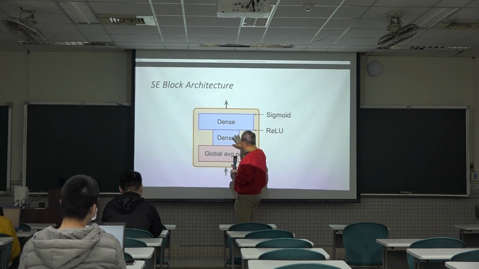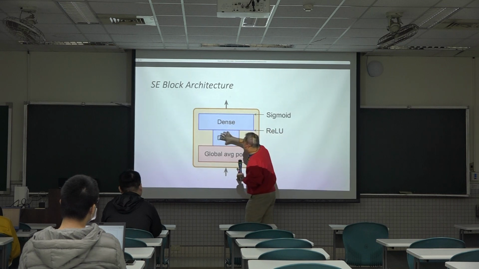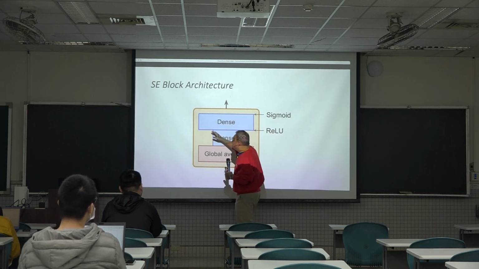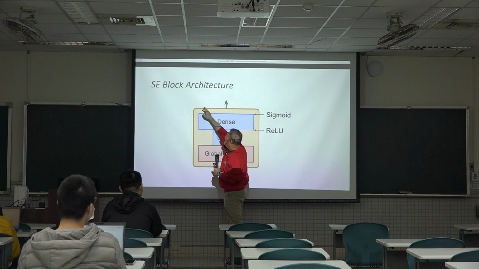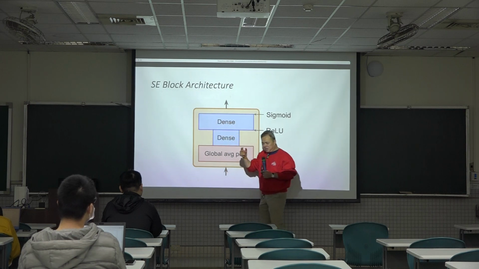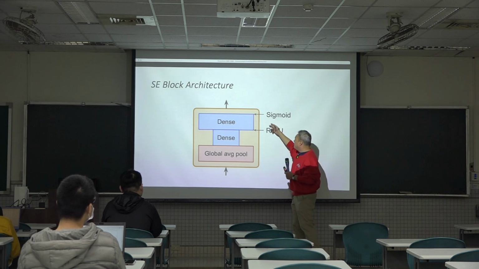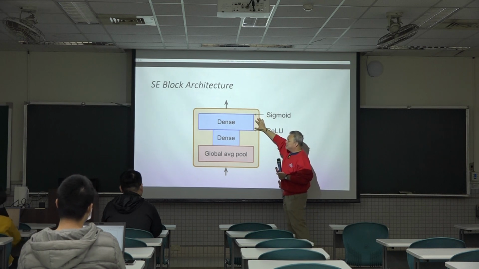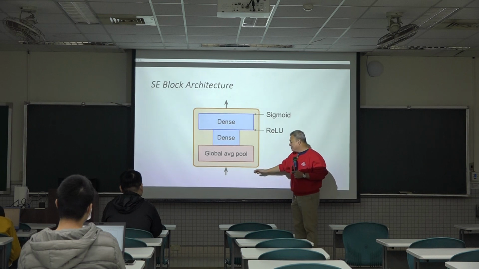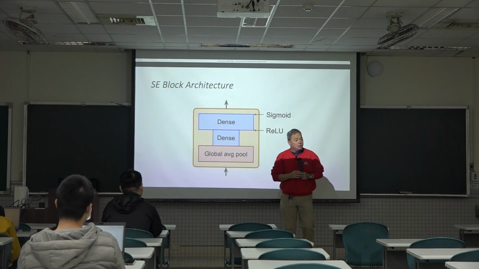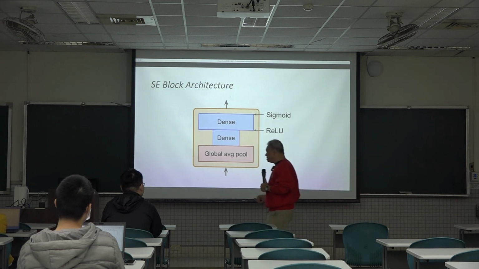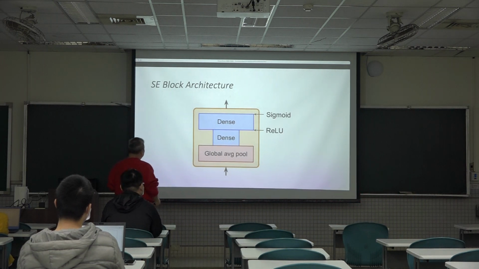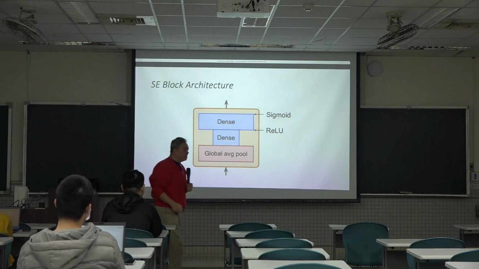It converts this embedding information into 256 numbers, each between 0 and 1, that we are going to use to excite different feature maps. That's the concept of the SE block. It's a very interesting and very powerful concept, and it can be applied to different network architectures.